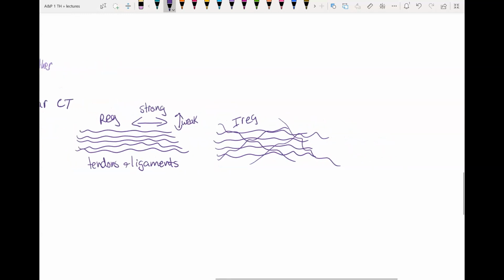Your skin has to move in all directions. Think about it. Every time your body moves, your skin is stretching and moving with you. And you can move your body parts in lots of different directions, so you need your skin to be able to move with you in different directions. So skin is irregular. Your dermis is irregular.